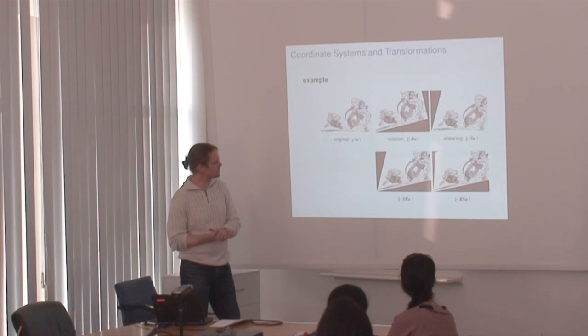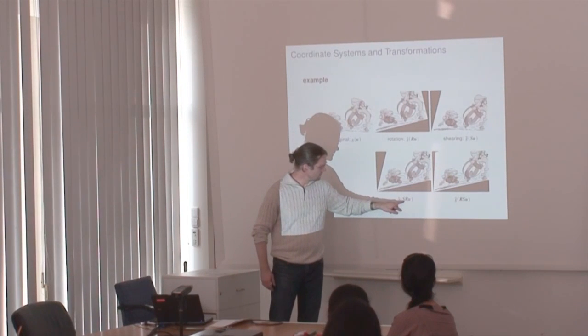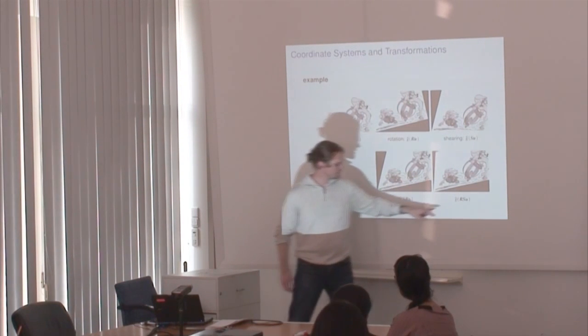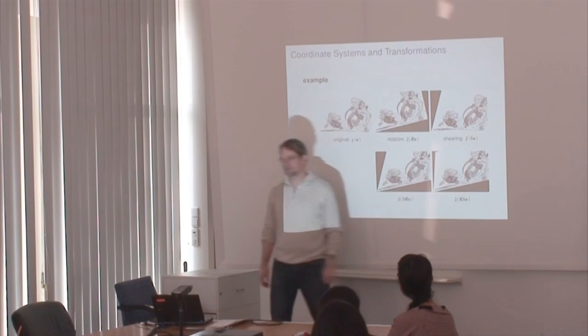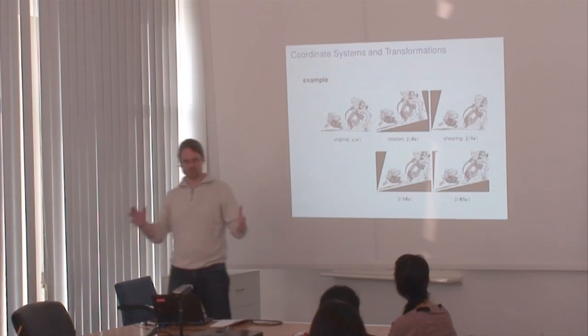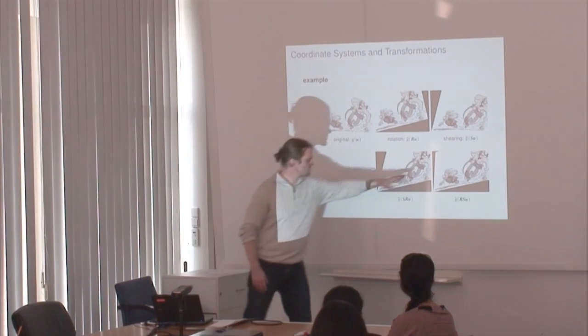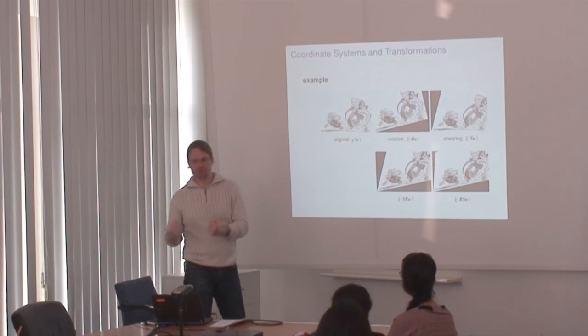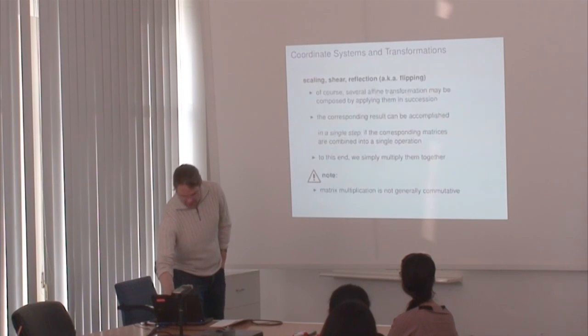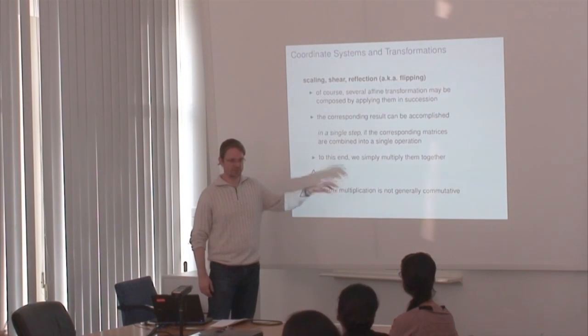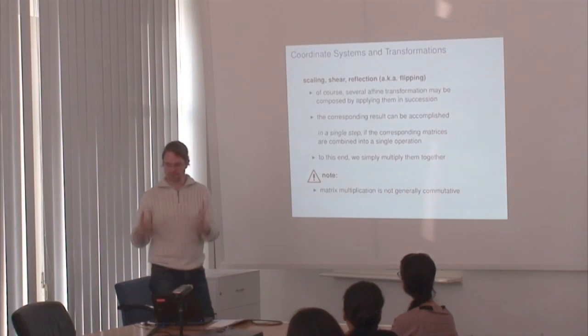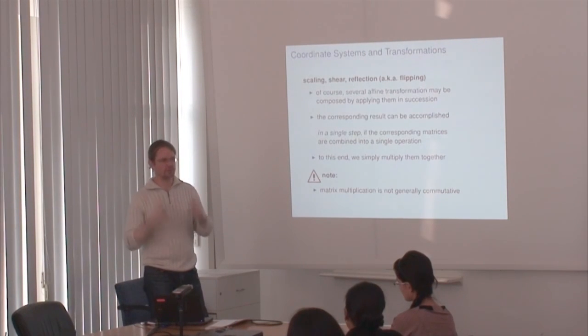This is because the product S times R is something else than R times S. If that was commutative, that is to say, it doesn't matter in which order we do it, these two images would look the same, but they do not, and this is because of this important caveat. Matrix multiplication is not in general commutative.